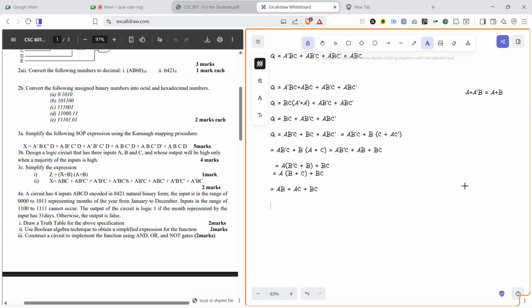This is not the final answer because we are told to draw a logic circuit.